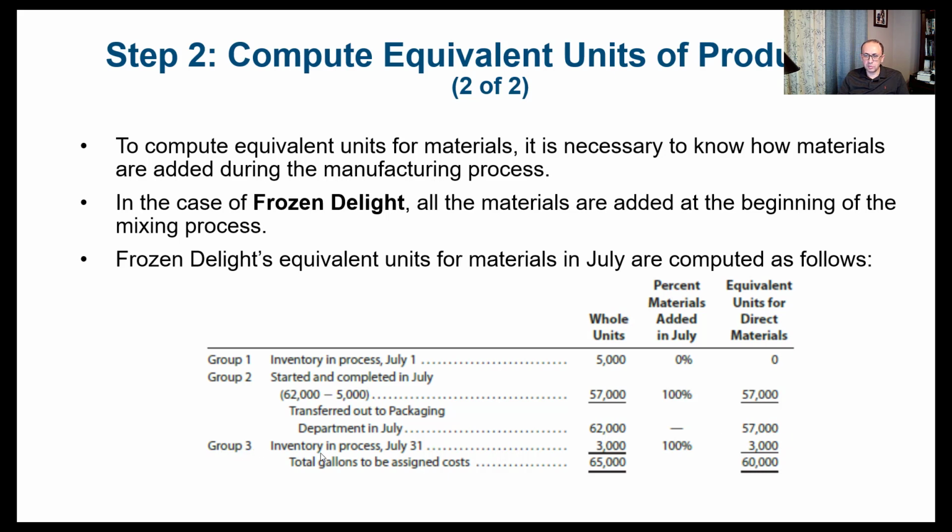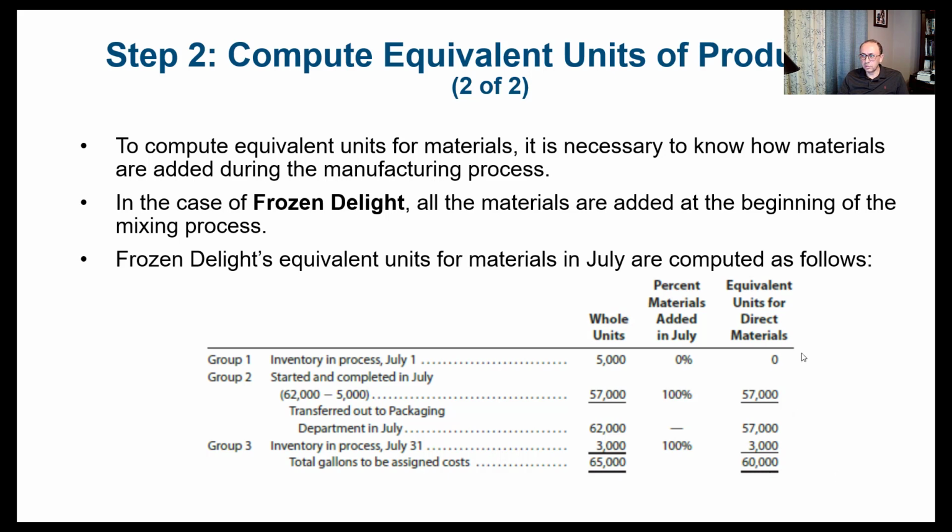Group 3, which is the inventory that's still in process, we have 3,000, and that's 100%. Remember, the material is always 100%, so the equivalent units would be 3,000. So for the whole units, we have the 5,000 that were transferred from June, we have the 57, and then we have the 3,000. That would give us a total of 65,000 gallons to be assigned cost for the material.